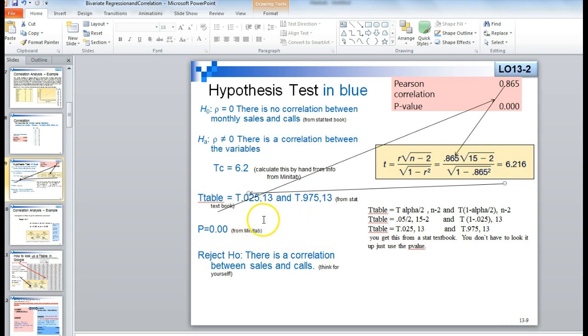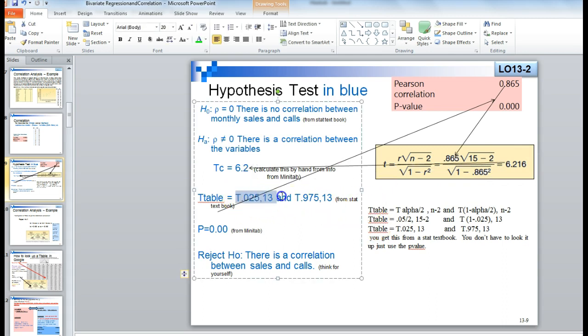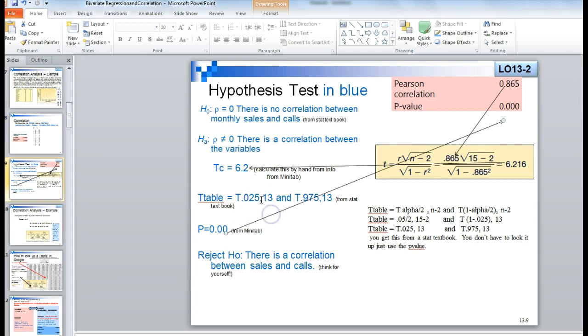All right, T table. In this case, the T table values, this may be one of the more confusing things if you haven't had it in a while, but you just have to memorize. We're going to split alpha, so we're going to go alpha divided by 2, so that would be t 0.025 with n minus 2 degrees of freedom.